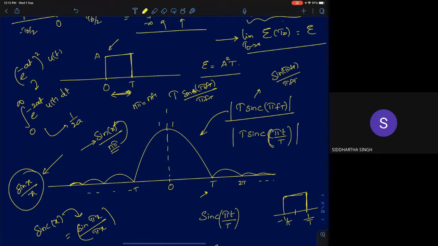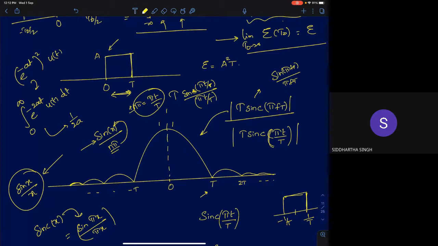Sorry, this is not f, but rather t. It's a time domain signal, so it's sine pi t by pi t. Equate pi t to n pi, so you will get t equals n. So those are the points where you will have zeros, t equal to plus minus n. So that's the sinc function.